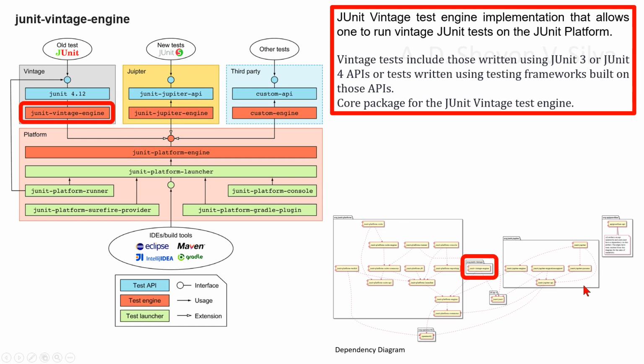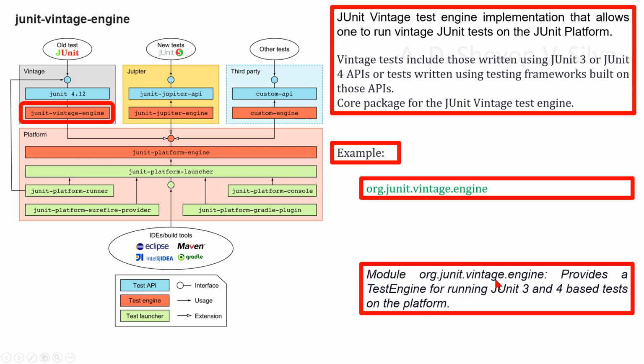Here you can see the dependency diagram. Here you can see the JUnit Vintage engine in the org.junit.vintage package. As an example, we can consider the module org.junit.vintage.engine, which provides a test engine for running JUnit 3 and 4 based tests on the platform.